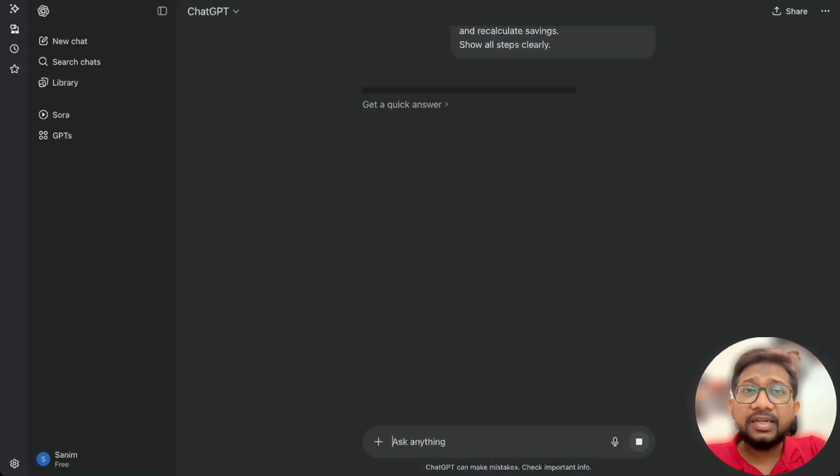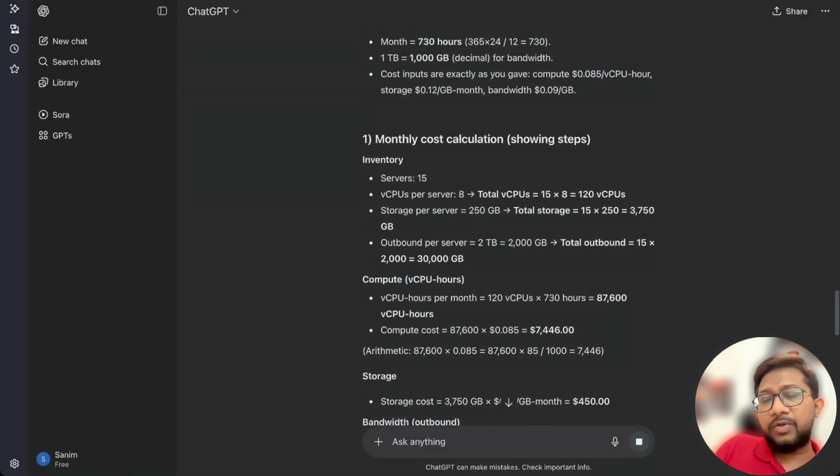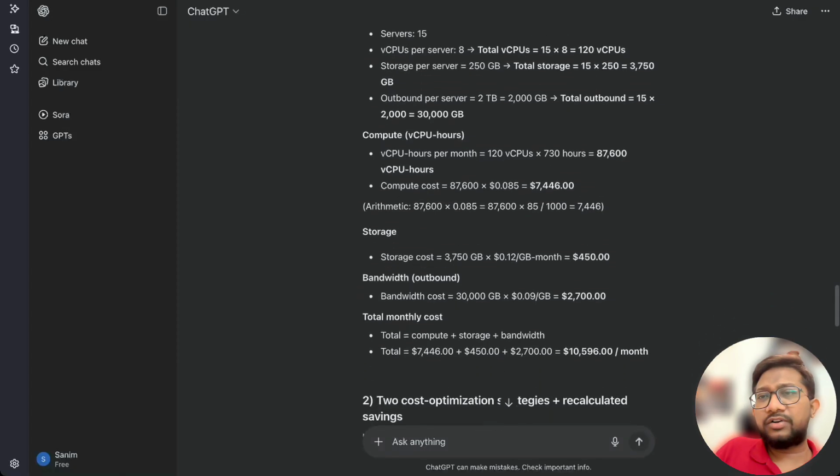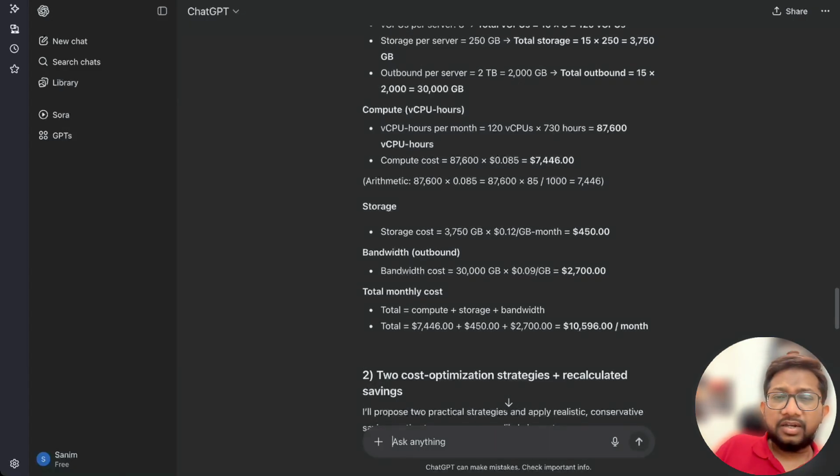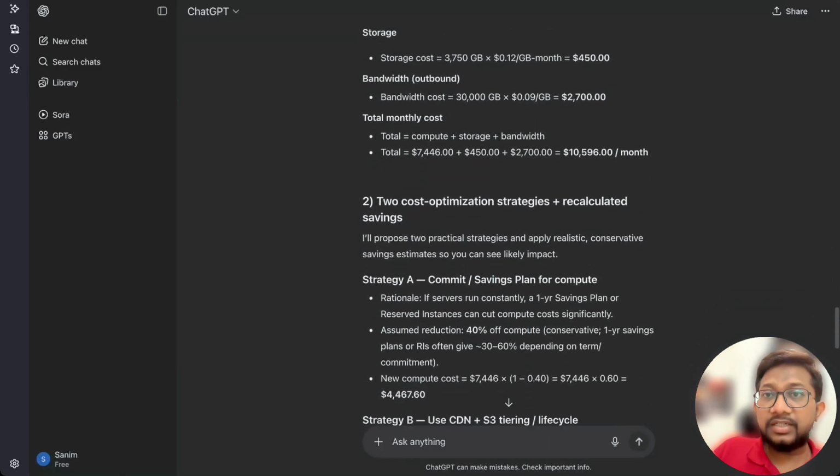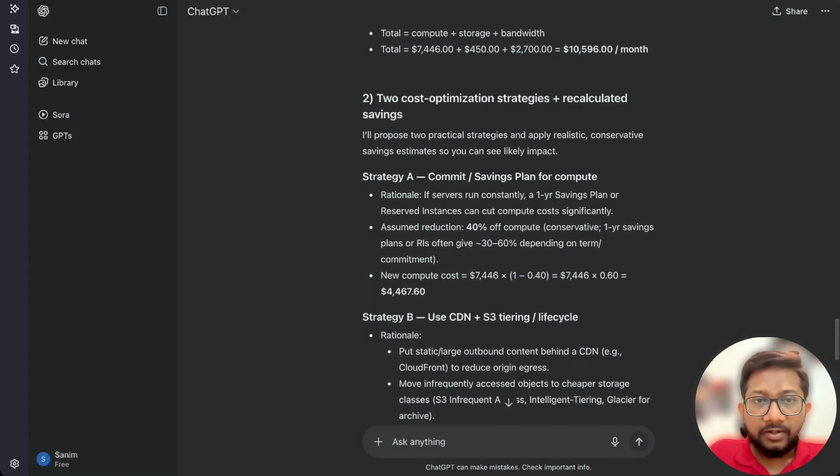I'm giving it a cloud cost optimization problem with multiple variables, the kind of calculation you might need to do when planning infrastructure. The scenario is 15 servers, each with 8 vCPUs, 250 GB storage, 2 TB of monthly data transfer. Calculate monthly cost and suggest optimizations. That was my request.